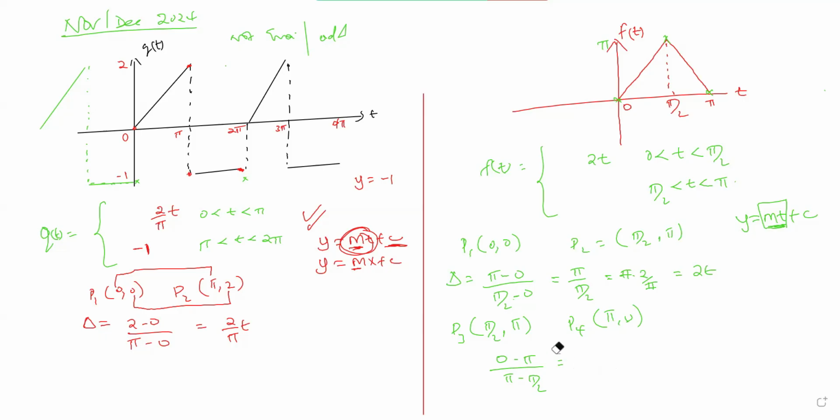So we have negative pi over 2. So this one again is negative pi times 2 over pi. And that goes, you get negative 2. Then you add what? T. Yes, you add the t. So this one will be negative 2, negative 2t.